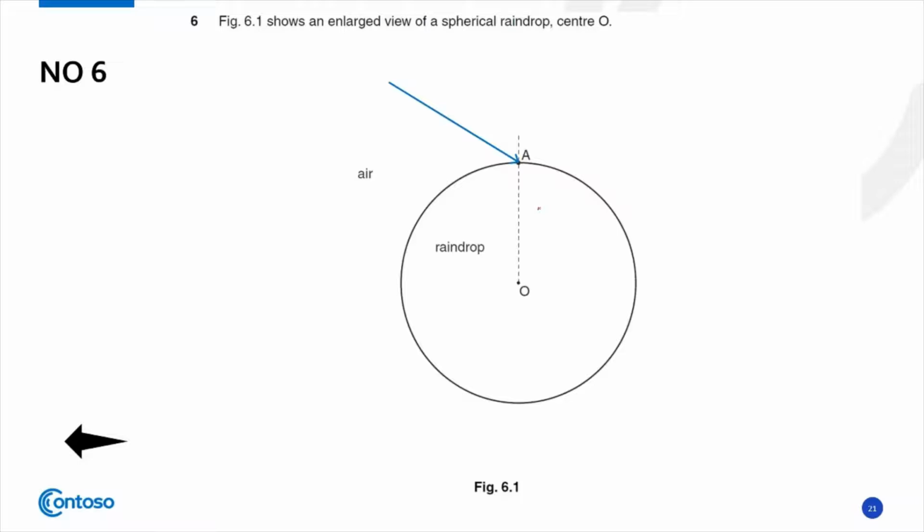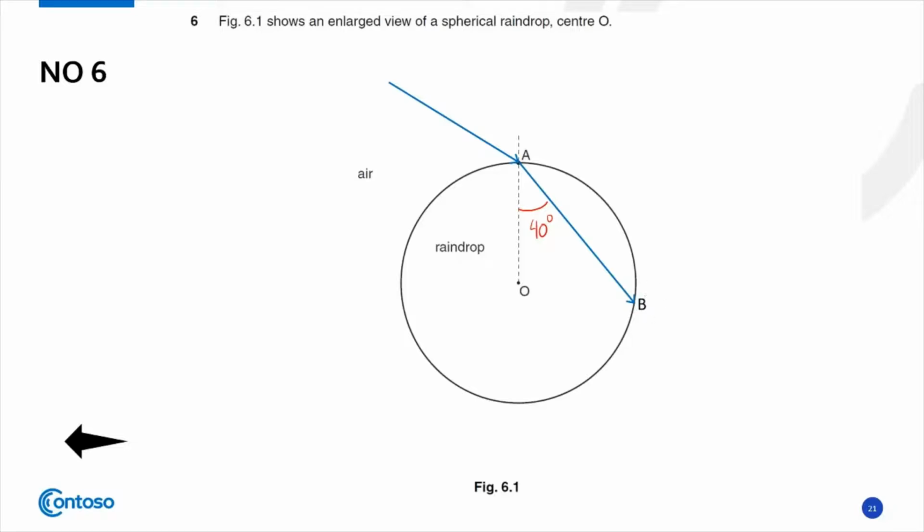We get the 40 degrees angle from the previous calculation. Then we will get this line. This angle must be 40 degrees. The line must reach this side of the spherical raindrop. Don't forget to draw an arrow at the end of the line. Label the point where the line meets the edge of the spherical raindrop as B.